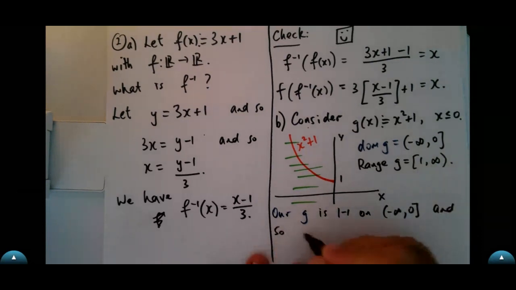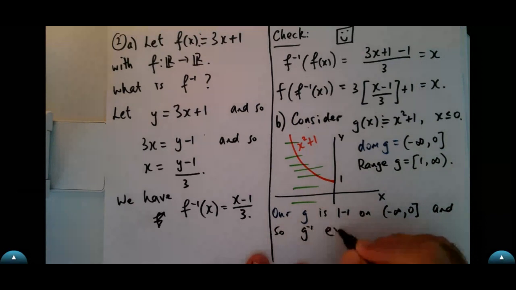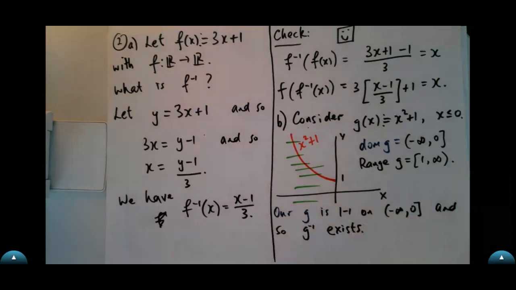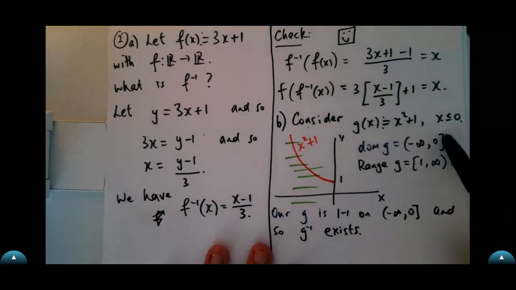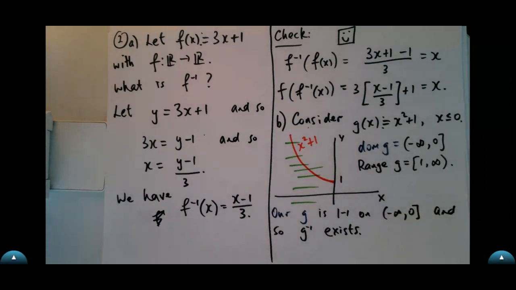And so the inverse exists. All right. So why did we calculate domain and range? Well, we just swap them for the inverse. This will be the range and this will be the domain. Okay.